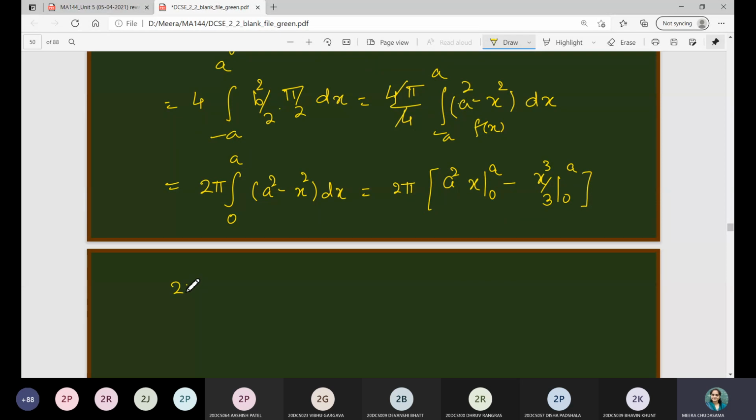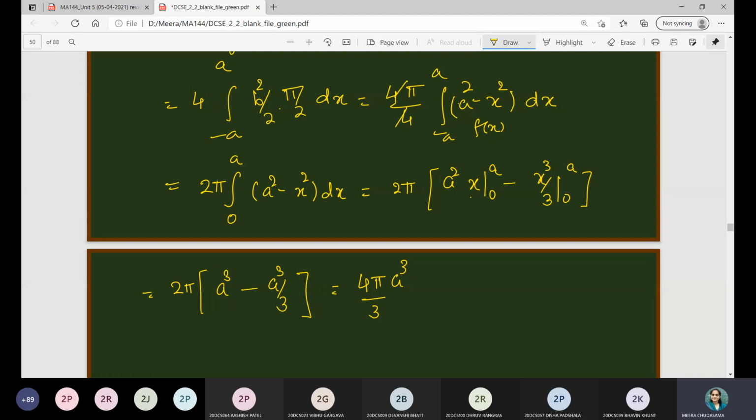So it will be 2 pi into a cube, when we substitute x is equal to a, minus a cube by 3, minus 0, right? So this is nothing but 4 pi a cube upon 3, which is the standard formula to find the volume of the sphere, right?